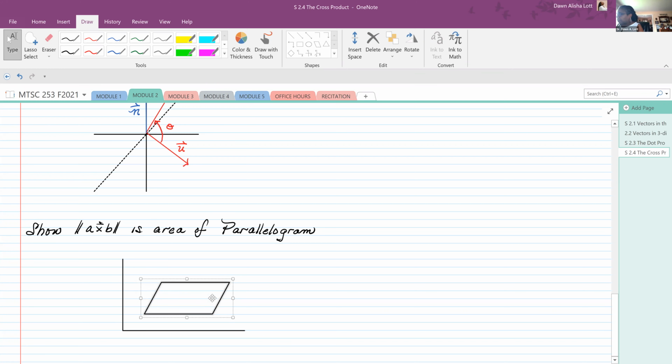On this parallelogram, this is going to be a vector here, like this. And then I'm going to draw another vector.